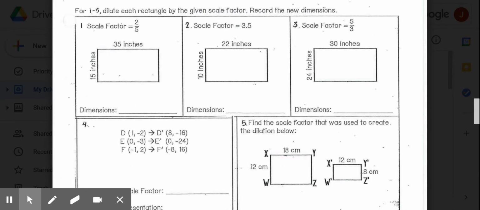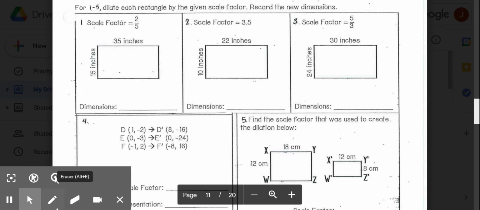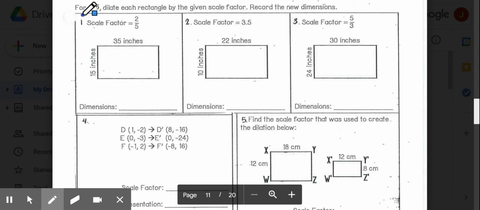So we're going to start here by dilating and finding what the new dimensions would be if we made a dilation. In this first problem, you can see that it tells us we have a scale factor of 2/5, and we have a rectangle that is currently 15 inches by 35 inches. Those are the dimensions of the pre-image. To find the dimensions of the new image, we need to multiply the original dimensions by the scale factor.